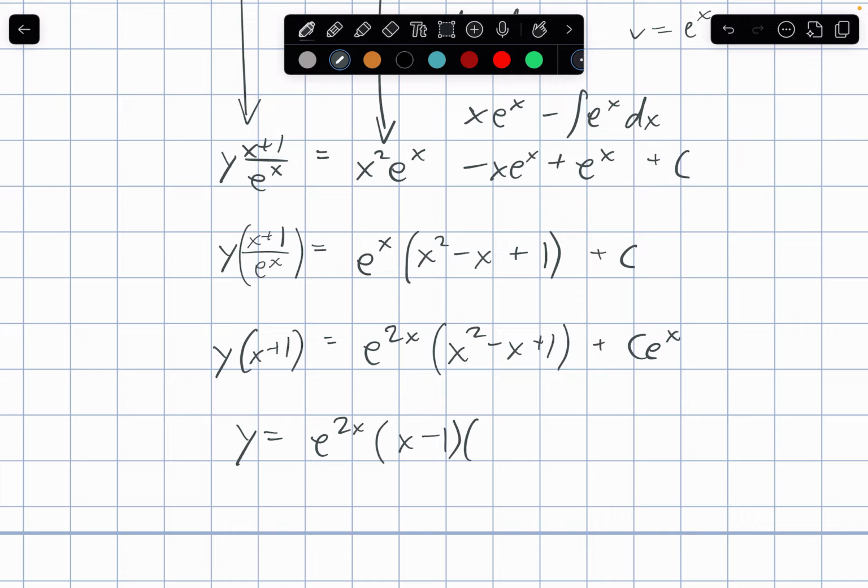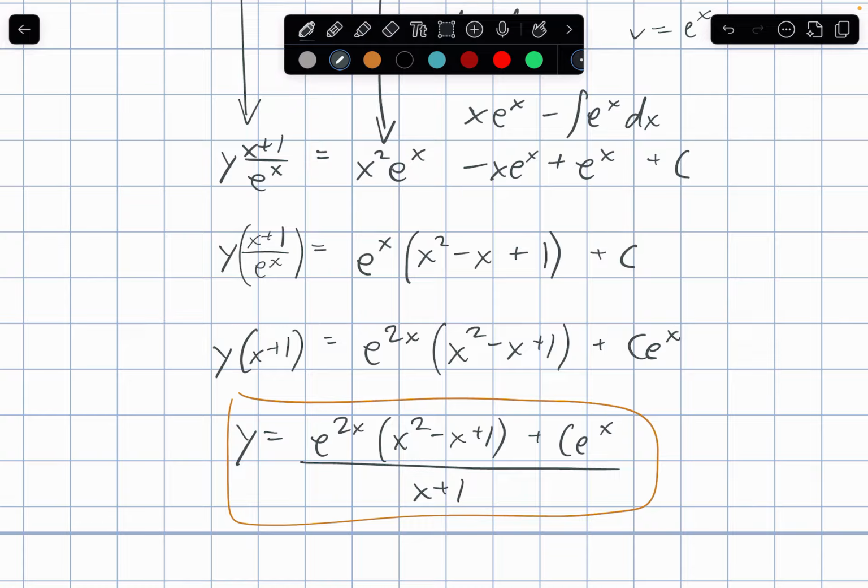Let's see. Oh no, that's not possible. The middle term has to be negative 2x. That's not the scenario right now. So we cannot factor. So we have x plus 1. This is the final answer.